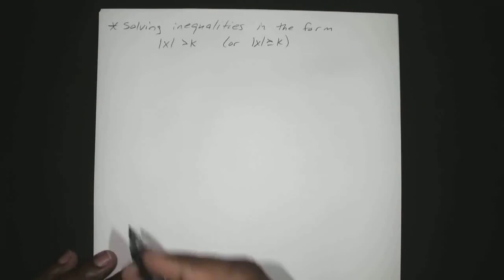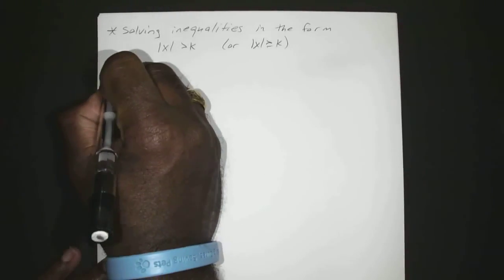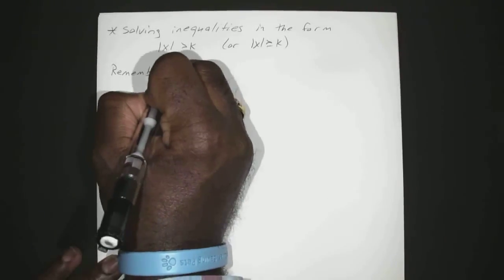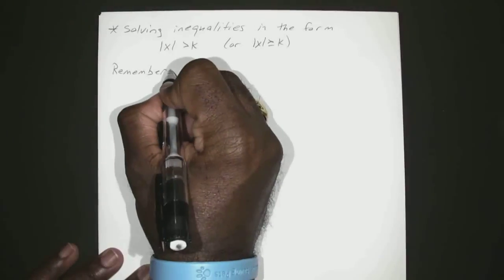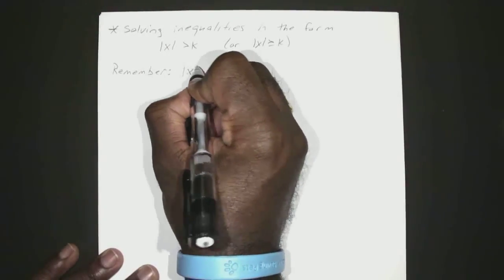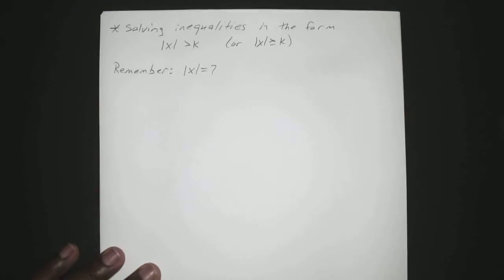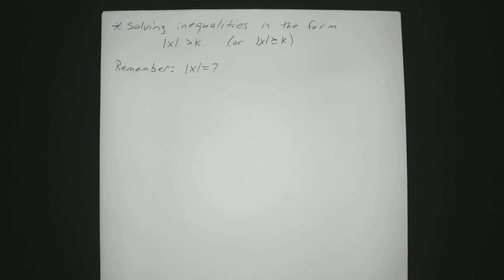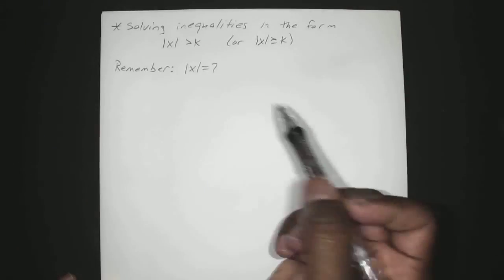Okay, so just like before, we're going to go back to our starting idea. That absolute value of x, let's say if it equals 7, that just means the distance from 0 is 7. Either it's positive or negative.